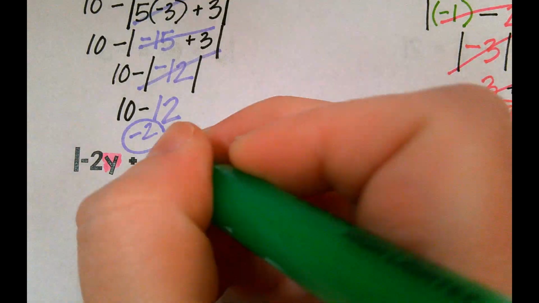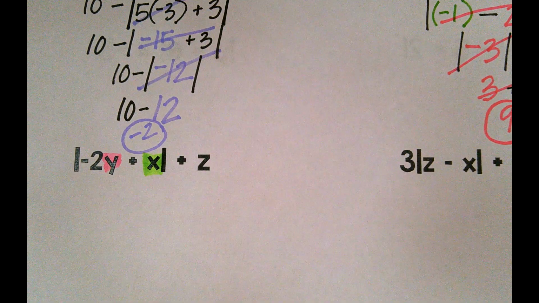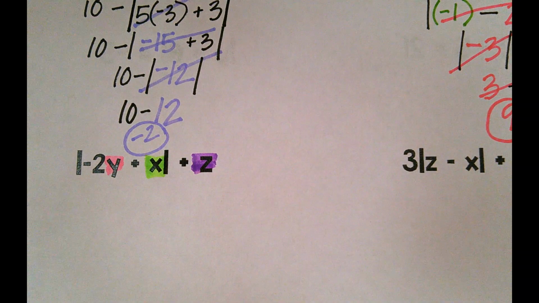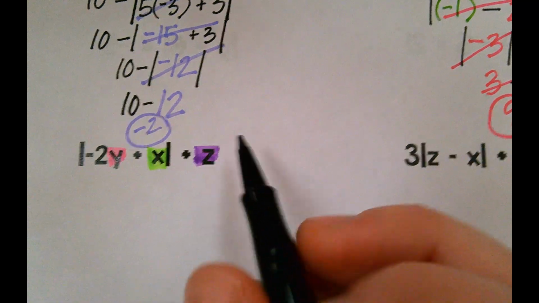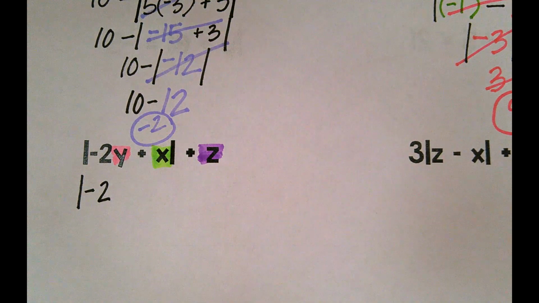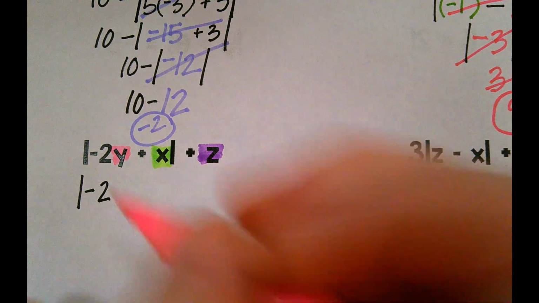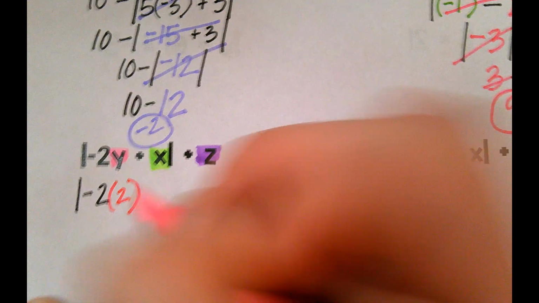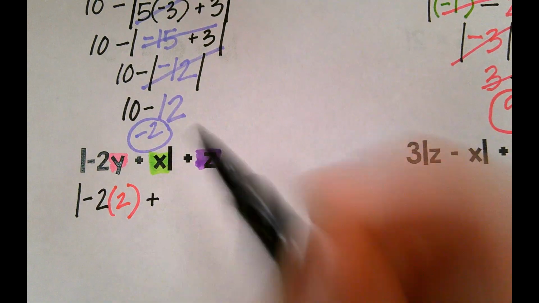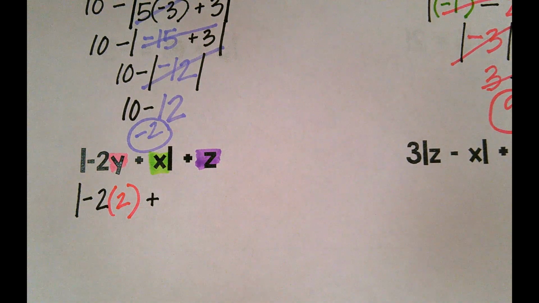Good. So real quick, you may have already done it, I'm going to plug my numbers in first. Then I'll do exactly what she said. So y is 2. So -2 times y, 2. x is -1.